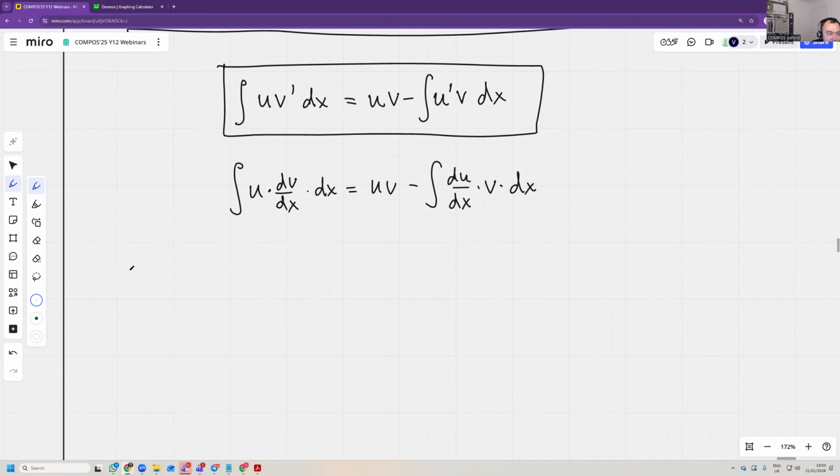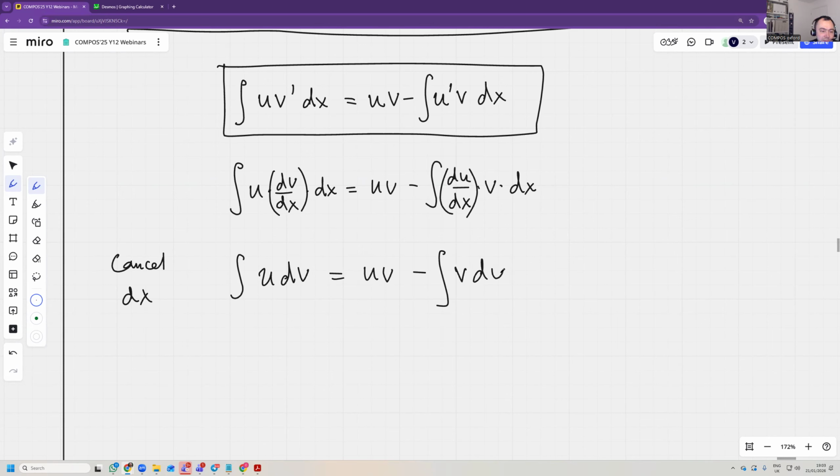If you cancel dx, then it becomes the integral of u dv equals uv minus integral of v du. This is my preferred way of writing it.